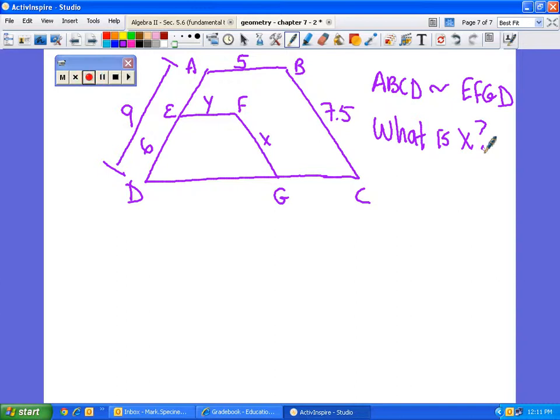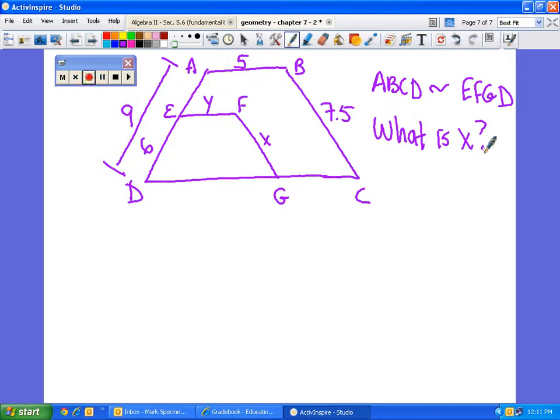This is a very typical problem like what you'd see on the ESC, where you're going to be given a figure in a figure and told that they're similar.